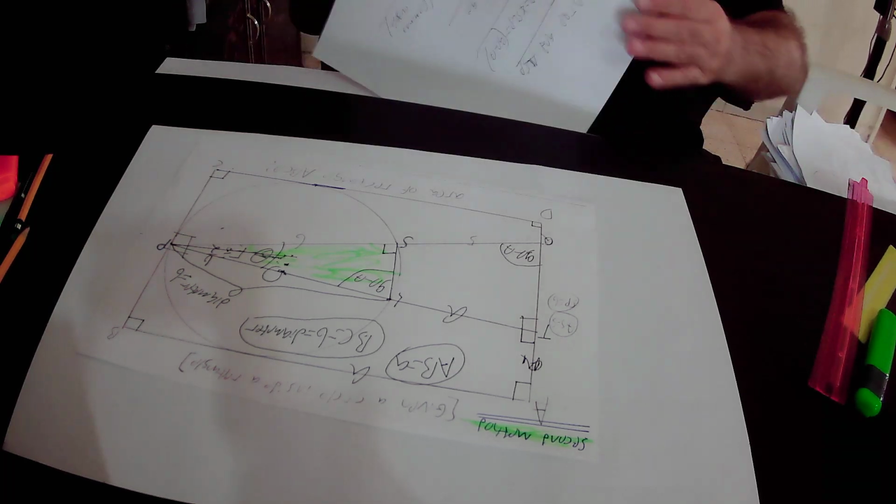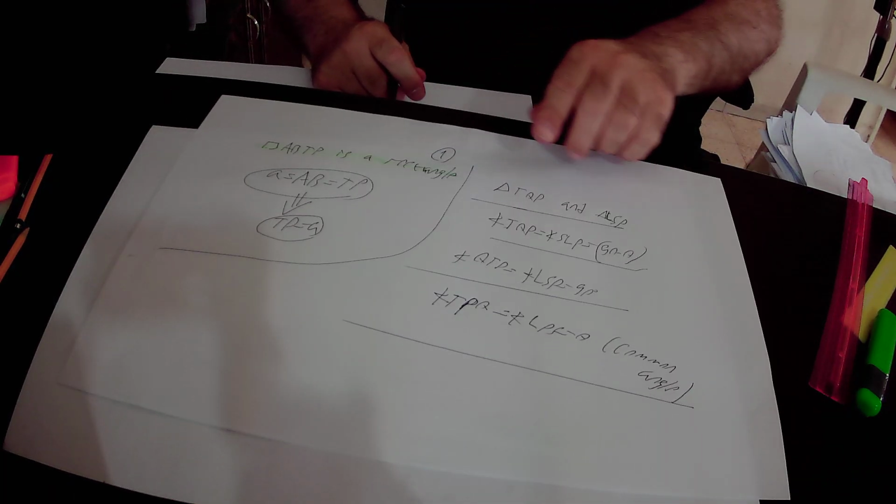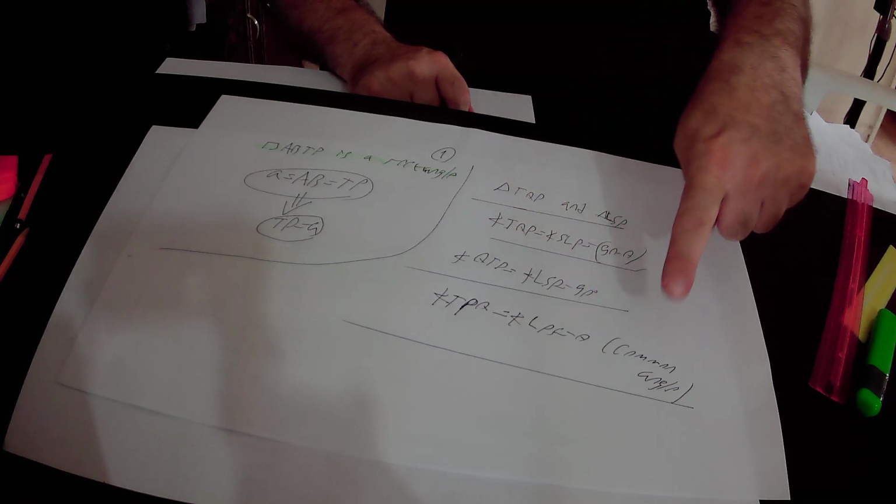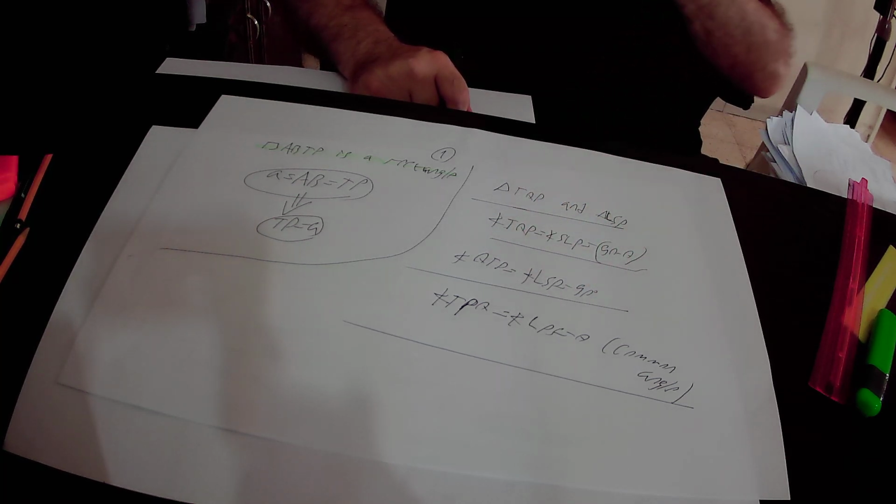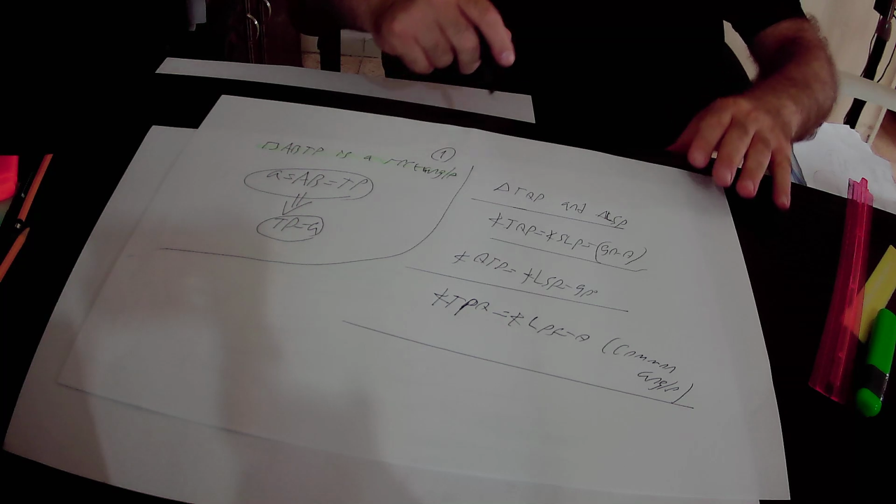Repeat again. Here, angle theta equals itself. It's a common angle that belongs to both triangles.